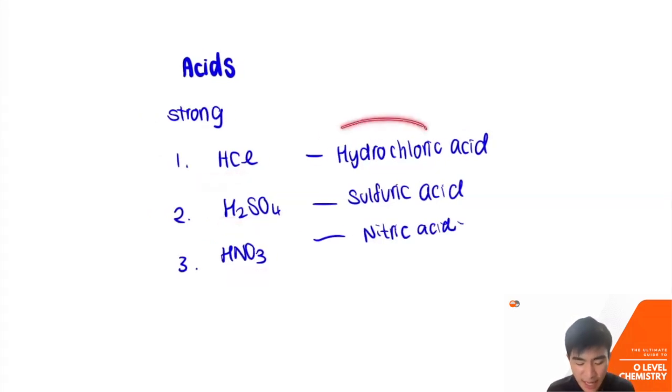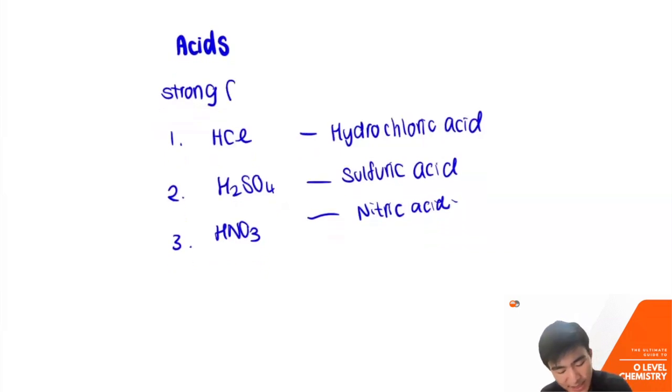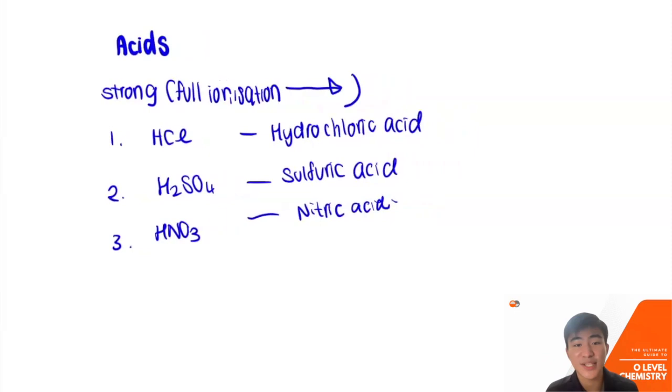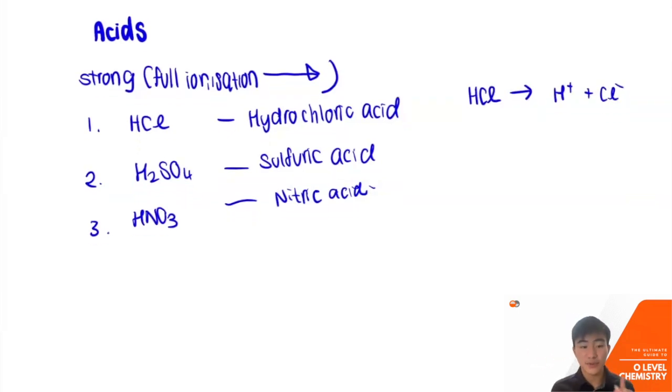When you hear hydrochloric, sulfuric, and nitric, they are always strong acids. Now, strong acid means what? Once again, they undergo full ionization. And whenever we have full ionization, it's a full arrow when we write the dissociation equation. So for example, HCl looks something like this. We give you H+ and Cl-. This is for strong acid.